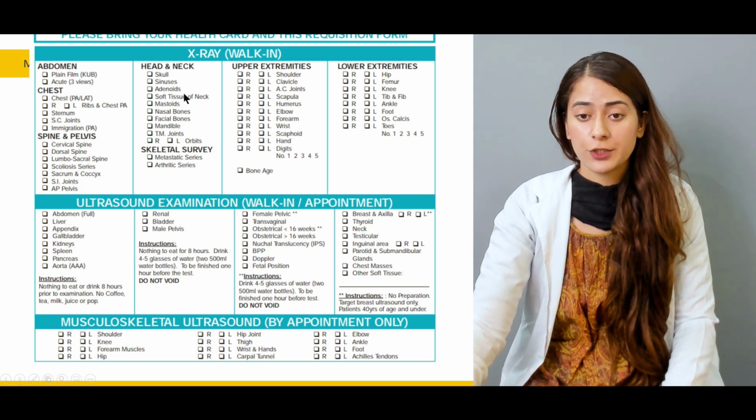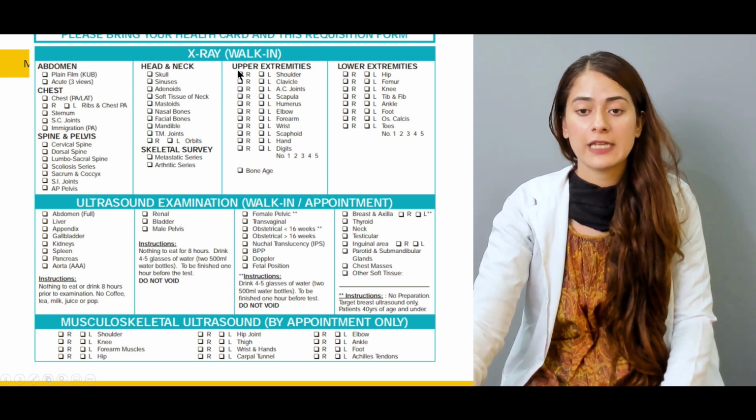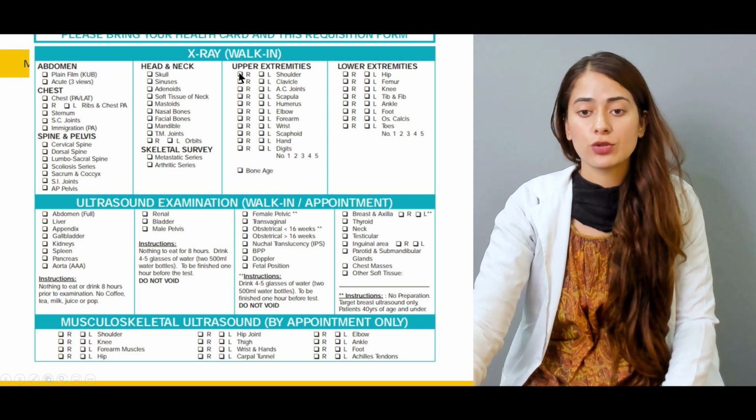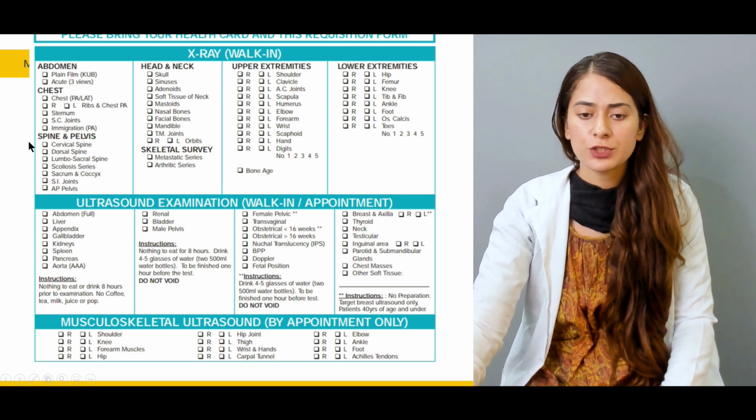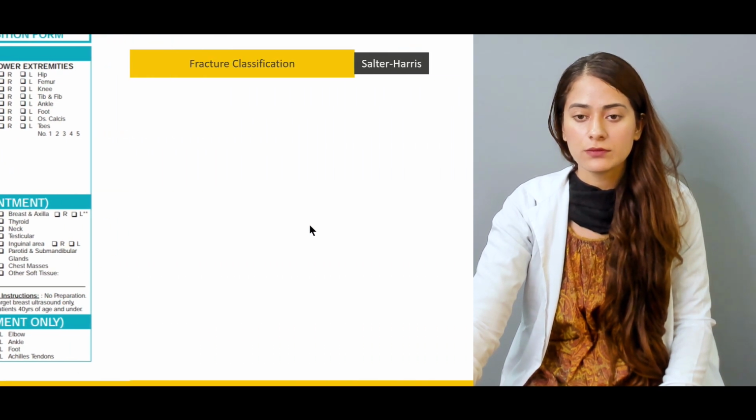X-rays are the first line of imaging, or the first recommendation, if there is suspicion of any musculoskeletal lesion or abnormality. For specific structures and specific abnormalities, an individual can be subjected to ultrasound examination.